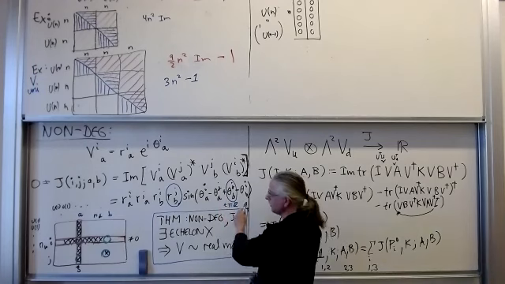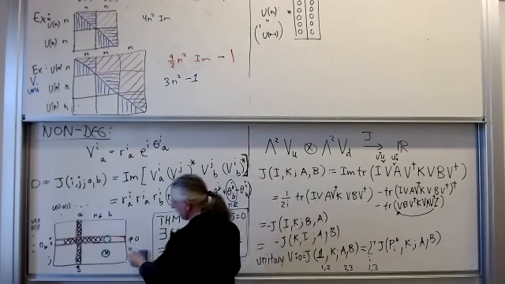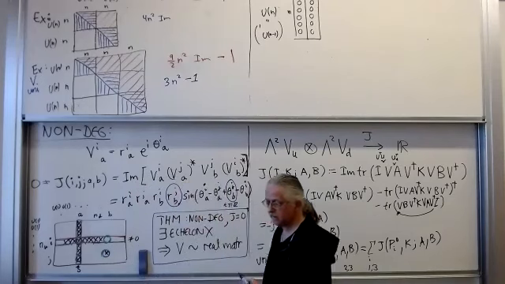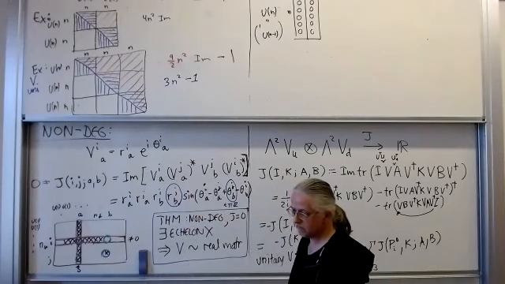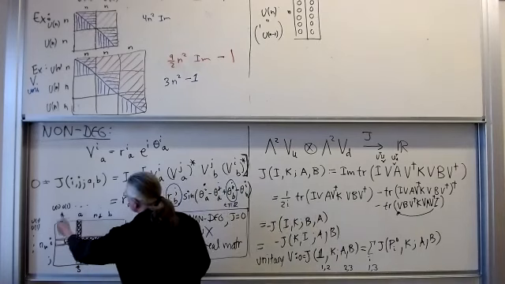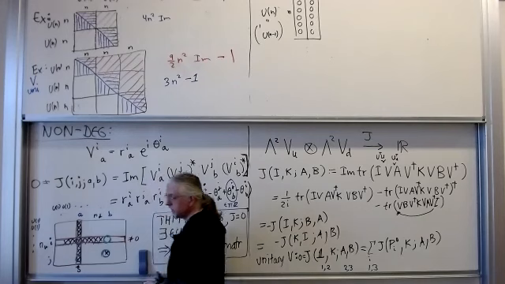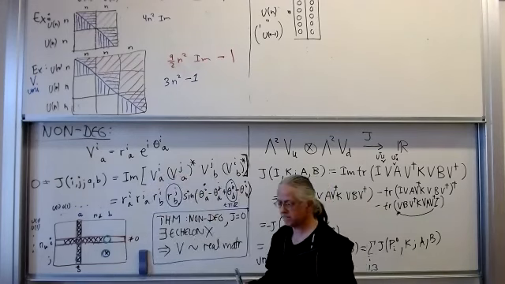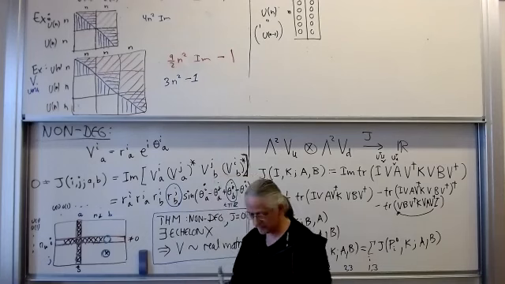In both situations, we conclude that this element is real as well. So we see that the CKM matrix is actually real. Make sense? I see people are nodding.